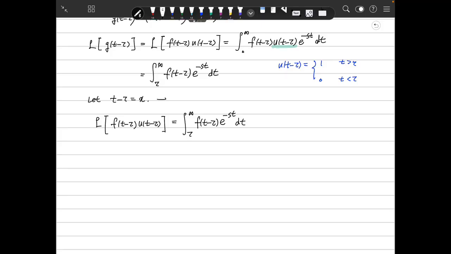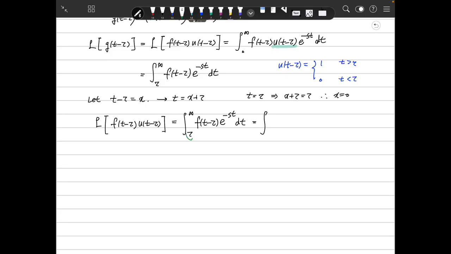Then from here t will be x plus tau. When t is tau, x plus tau means tau, therefore x is 0.